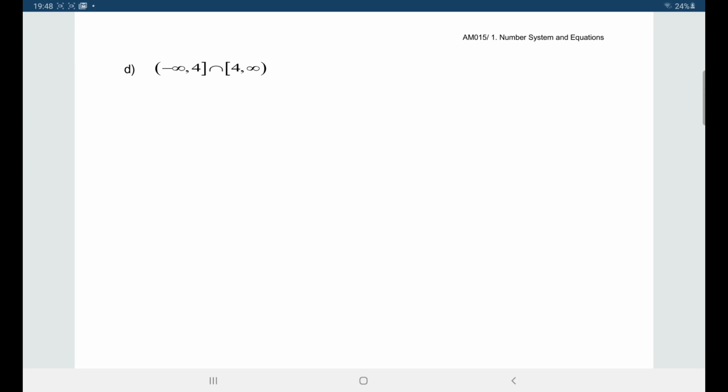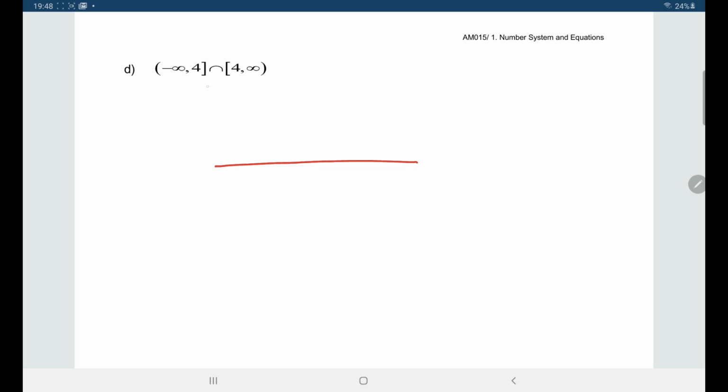For example, for D, infinite interval negative infinity to 4 intersects infinite interval 4 to infinity. First step, draw the number line. Mark the number line using the end values of the intervals according to their values.